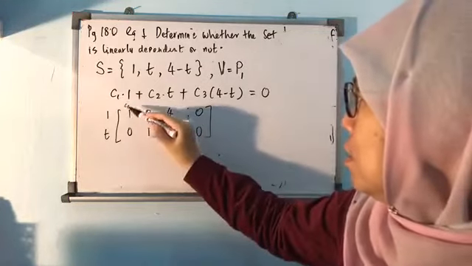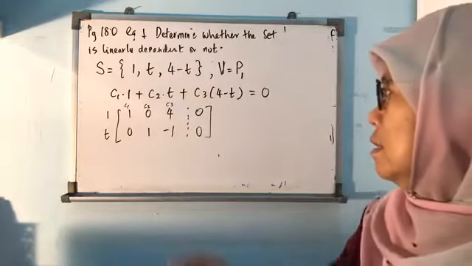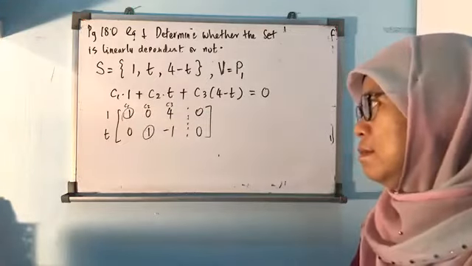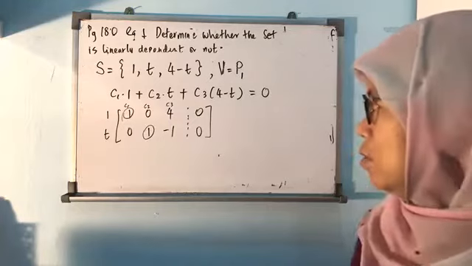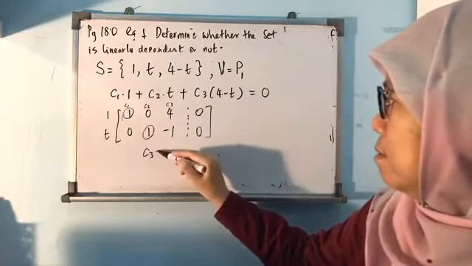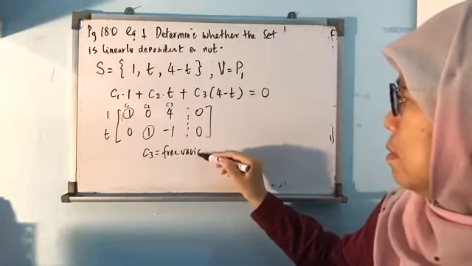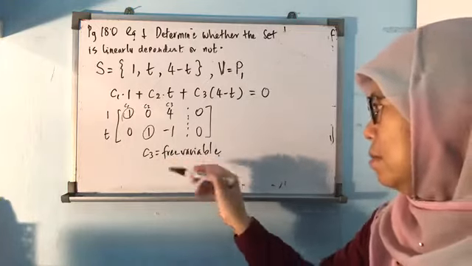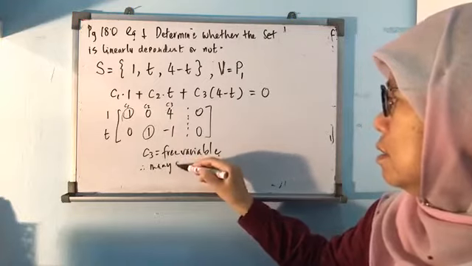So this is C1, C2, C3. The leading one in each row is okay, because this is free.